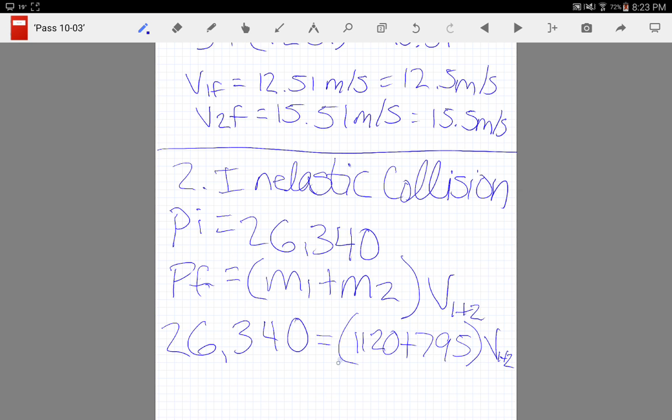Now that it has a number in front of it, you have to get the V. You add 1120 plus 795, and then divide. You skipped the step: you didn't add what's in the parentheses together, you went straight to divide.